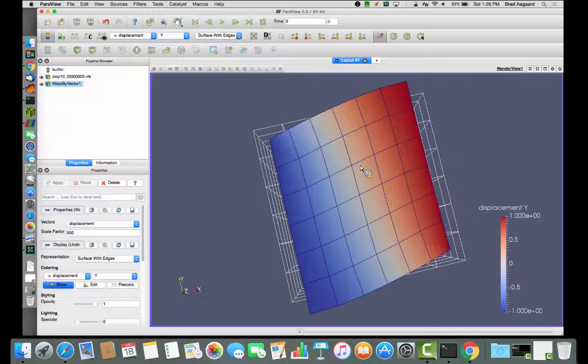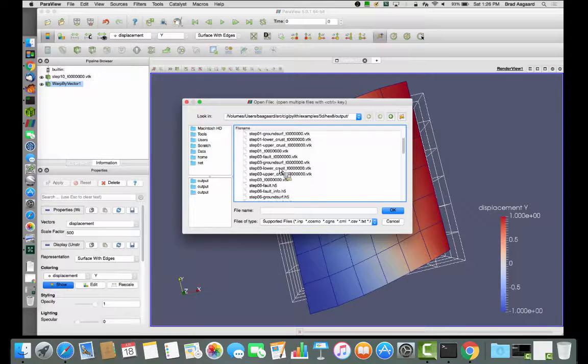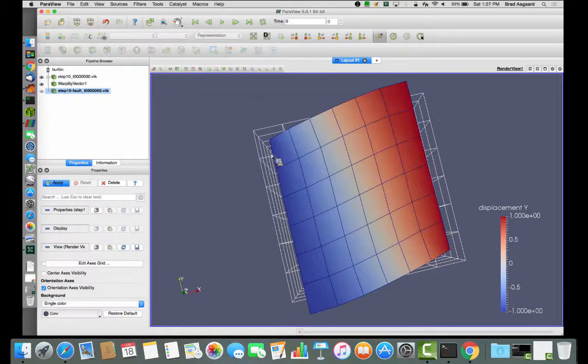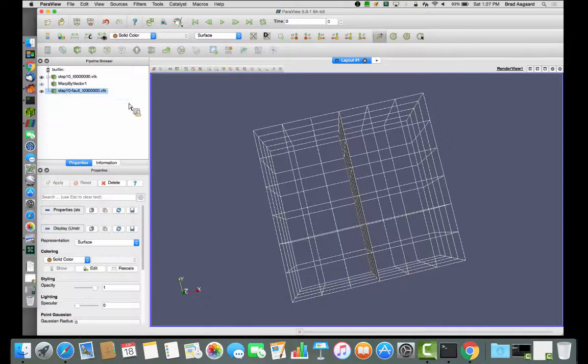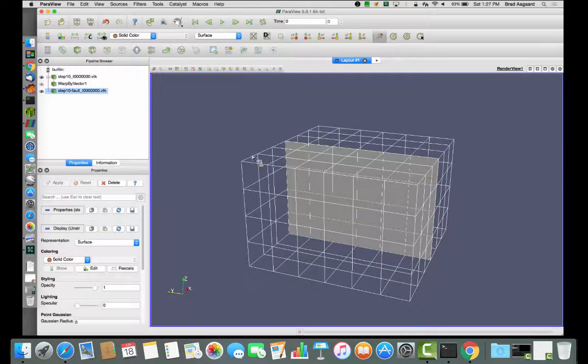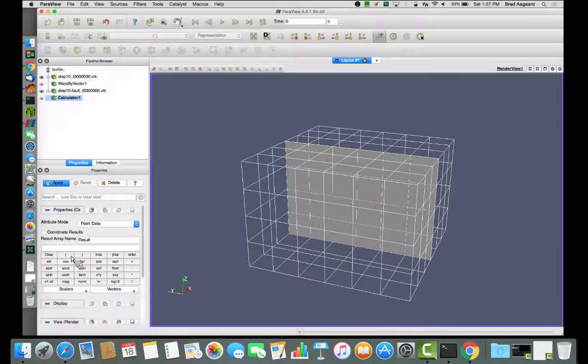And if we go down to step 10 and look at the fault output, there's the fault output. And I can use the calculator to calculate the along strike traction, divided by the normal traction.